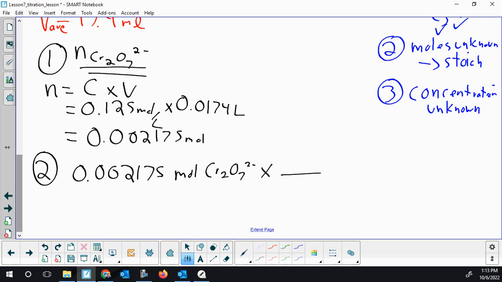We're requiring chromium 2+, that's what we want to get, and we know dichromate. This is going to be our stoich step. The chromium 2 stoichiometric coefficient is a 6, and the dichromate, the given, is a 1. You may not write out all the chemicals I put in here, but you must get the required, what you want, coefficient on the top, the given on the bottom.